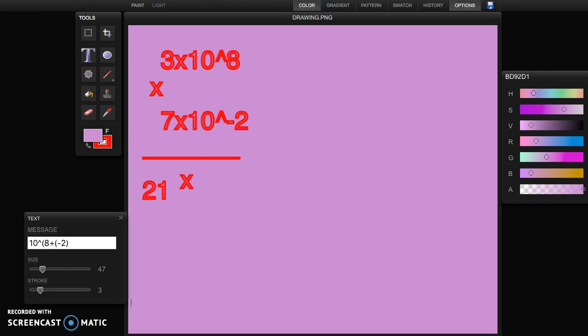This is a rule for multiplying scientific notation, because you would take 3 times 7, which equals 21, and then you would add the exponents, which would be 8 plus negative 2, and that would be our exponent.